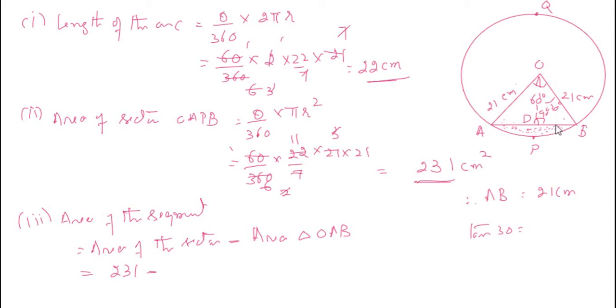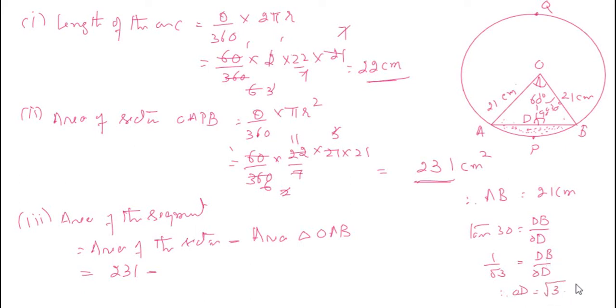DB is half of AB, that is, let me write first, DB divided by OD, 1 by root 3 equal to DB divided by OD. Therefore OD equal to root 3 into DB.